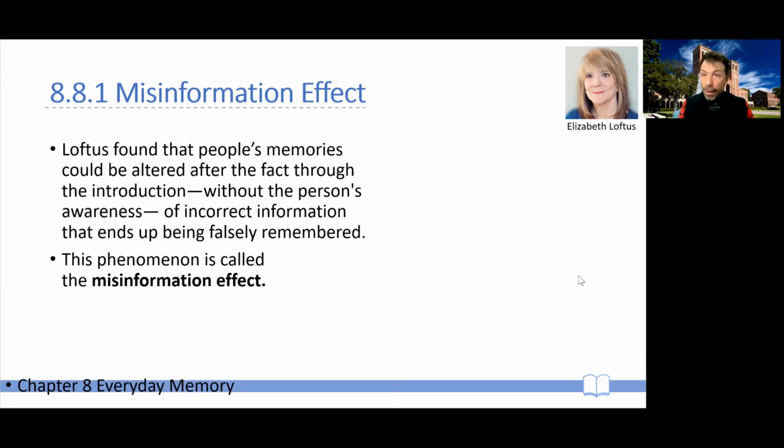So sort of in the legal context, in the case of trials, and in the case of eyewitness testimonies. Now, in fact, she found that it's fairly easy to implant false memories into people. And this is an effect that she called the misinformation effect. Let me show you a key example.